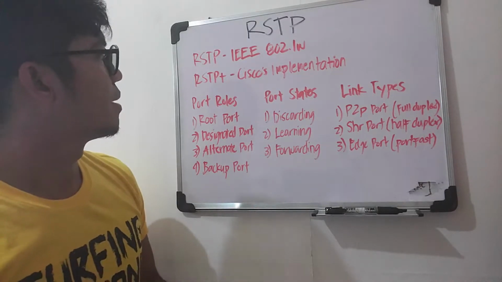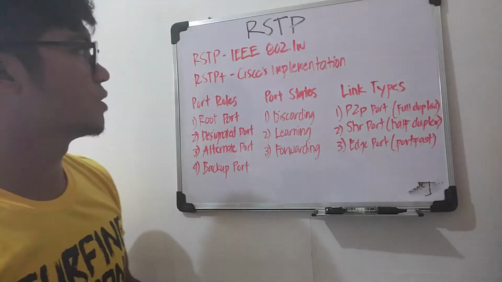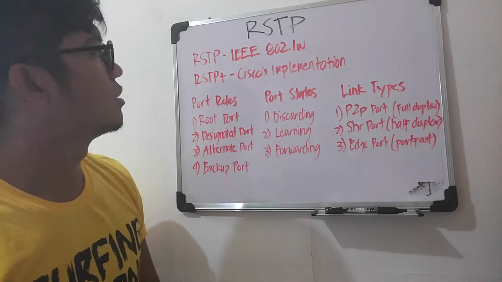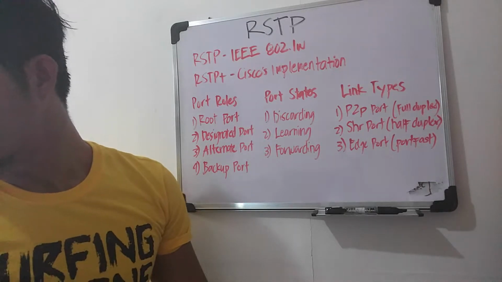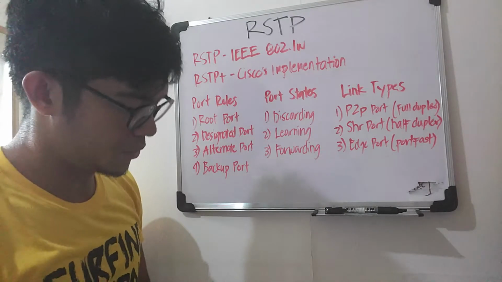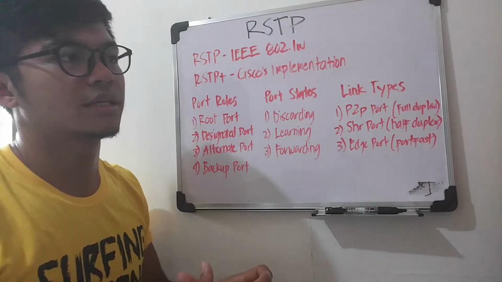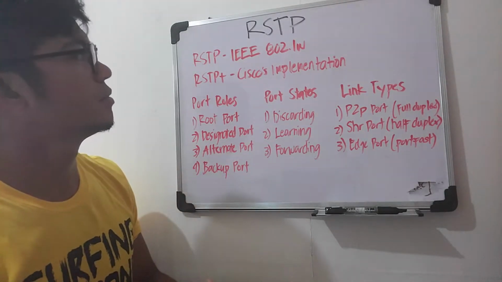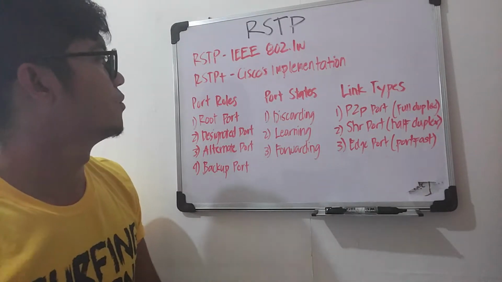They just use RSTP as the underlying mechanism for their Cisco proprietary, prevalent spanning tree protocol, so that you can have one instance of a spanning tree per VLAN and use rapid spanning tree.